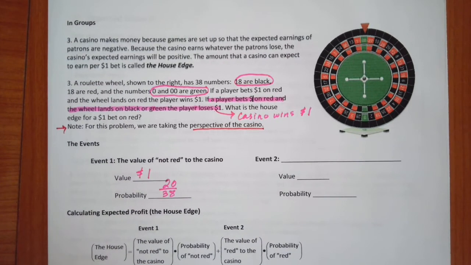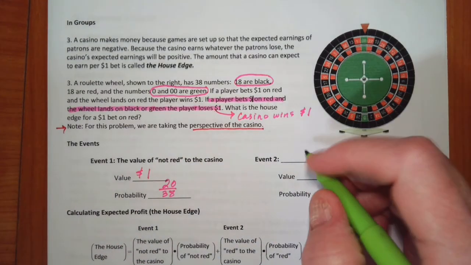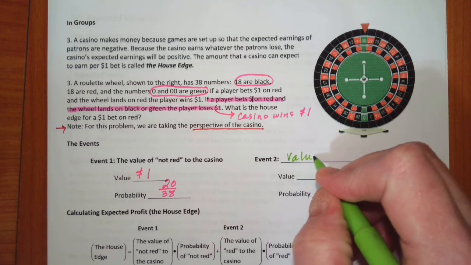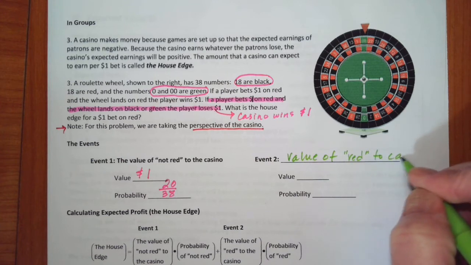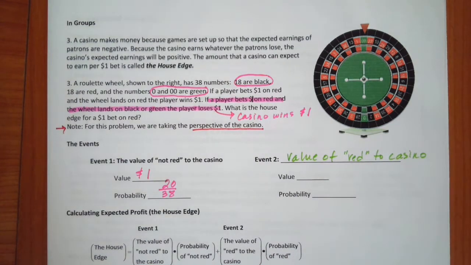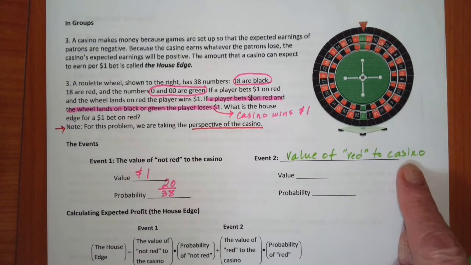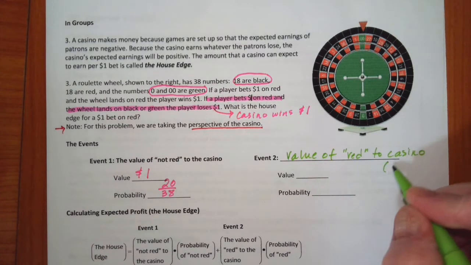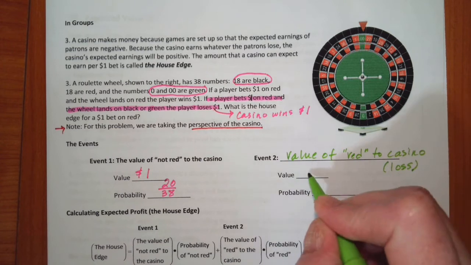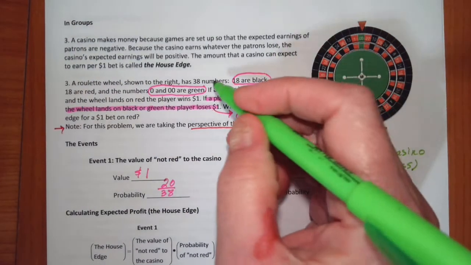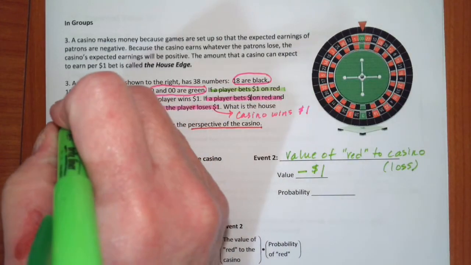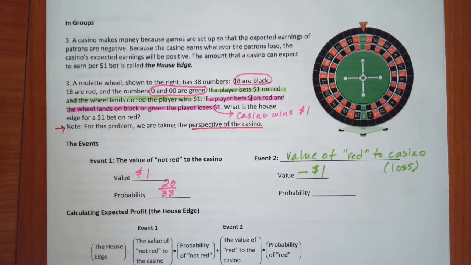Well, what's the other possible event? Either it's going to be not red, or it's going to be the value of red to the casino. Red to the casino is a loss. That means they are going to lose that dollar. If a player bets $1 on red and the wheel lands on red, the player wins $1.